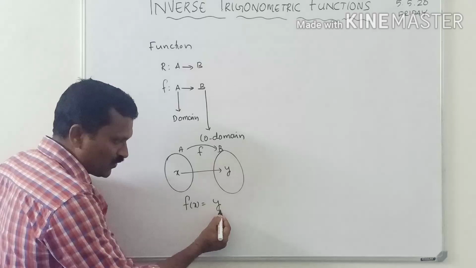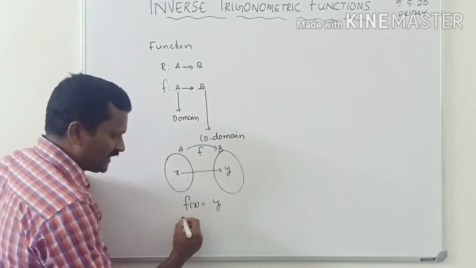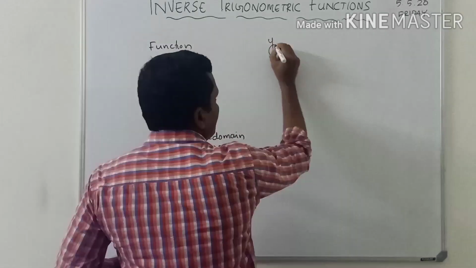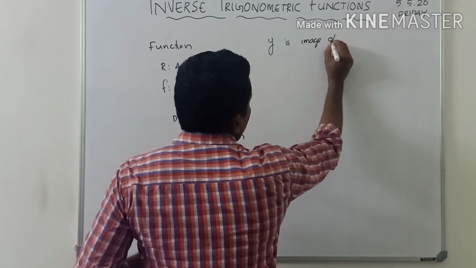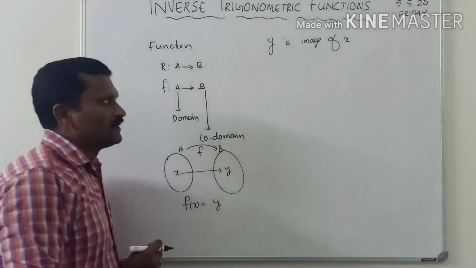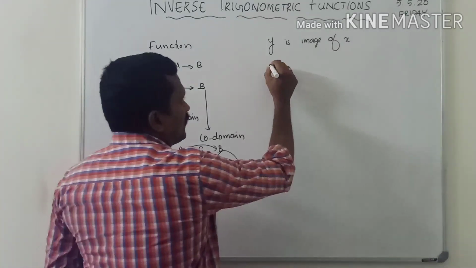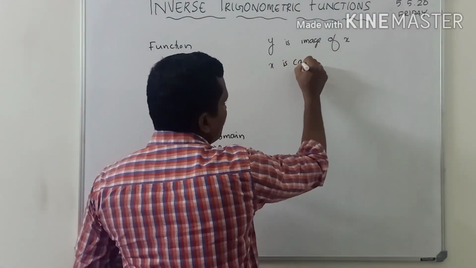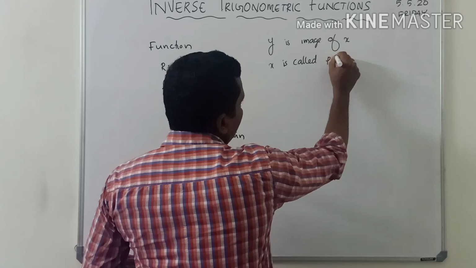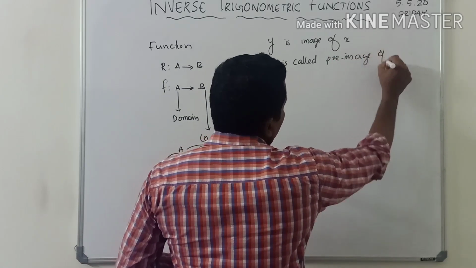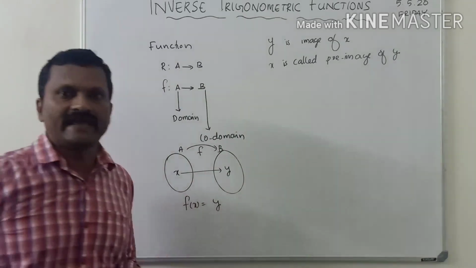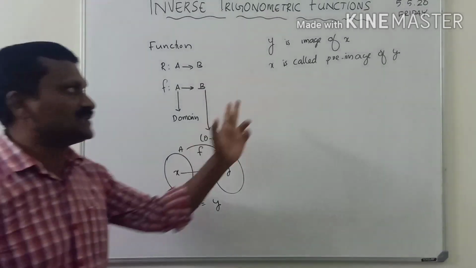That means y is the image of x. Then x is called the pre-image of y.